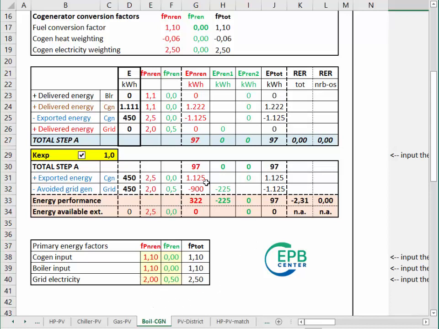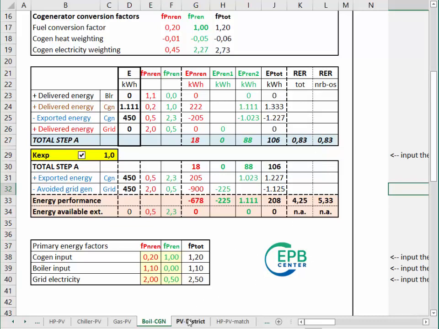Things change dramatically if we assume that the cogenerator is fed by biogas. Just try replacing 0.2 and 1 as conversion factor for biogas, then the energy performance is greatly improved, and there is also use of renewable energy. Again, whether renewable energy is used or not doesn't depend mainly on the machine, it's still a cogenerator, but on the type of energy carrier which is used to drive the generator.